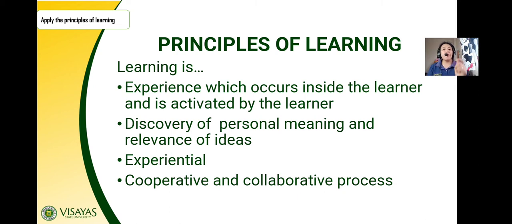Number 4, cooperative and collaborative. The fourth principle states that two heads are better than one. That is why we as future educators, when we become teachers, really need to give cooperative and collaborative activities. Not just individual activities, because what will happen is our learners will find it hard to socialize.